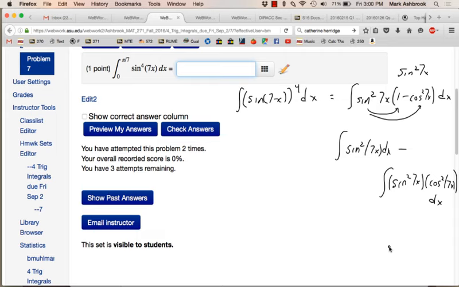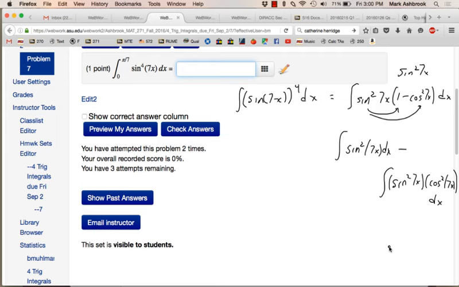So if we want to try to pull out, like we're thinking about undoing the chain rule, we just need one sine or one cosine, right? But when we do that, what happens if we pull out one sine? Then we're left with one sine, which we can't change into cosines. We need sine squared to change it into cosines.